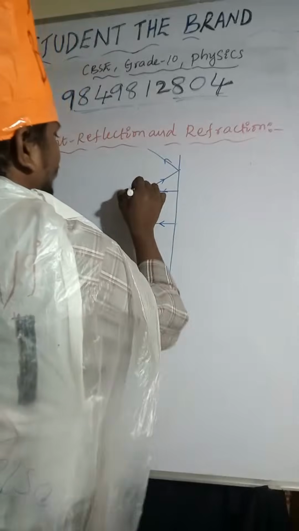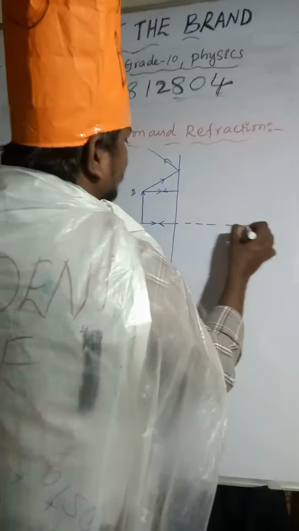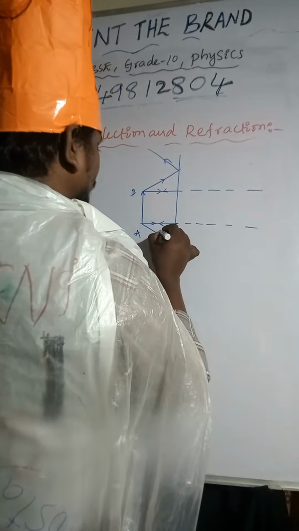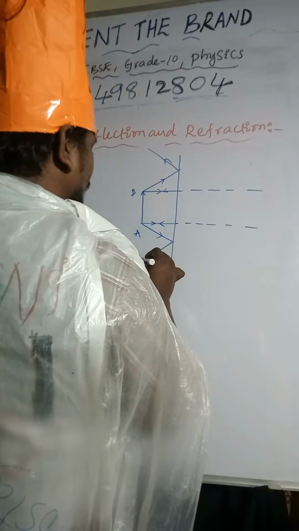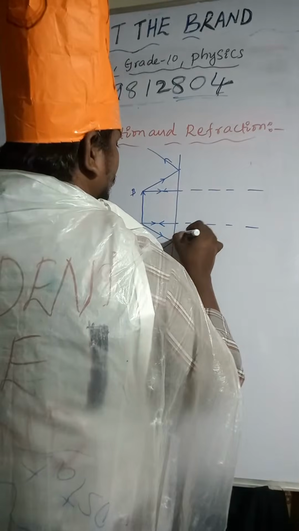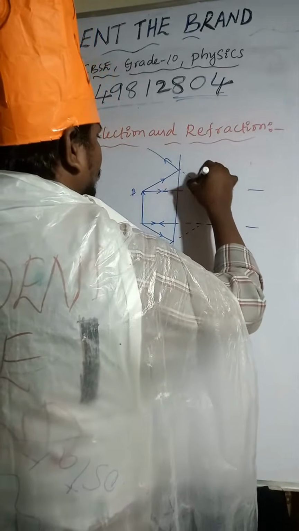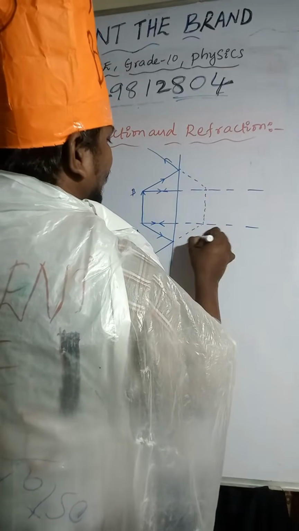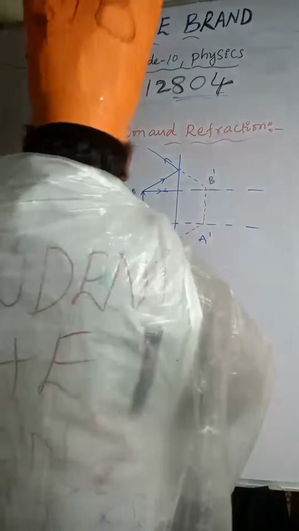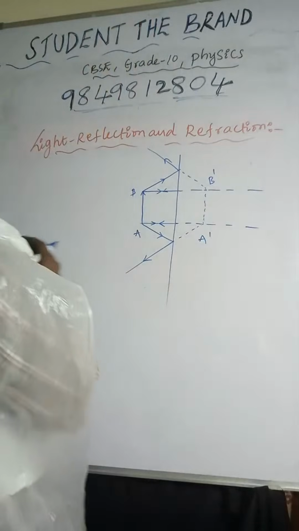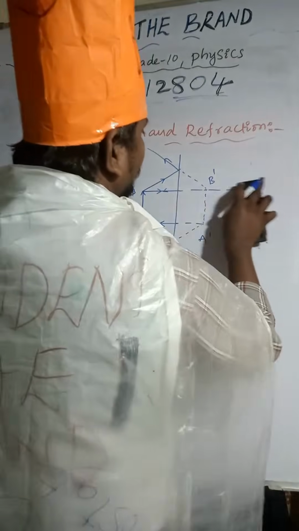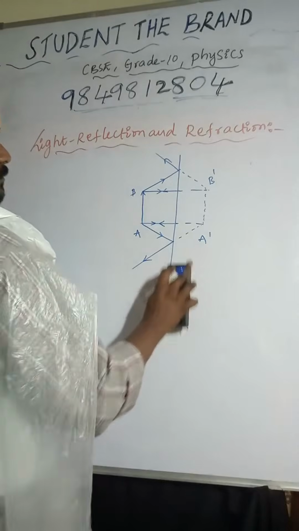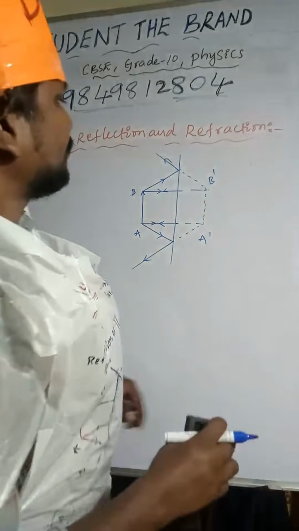So AB is the height of the object, and A dash and B dash are the image. Understood?